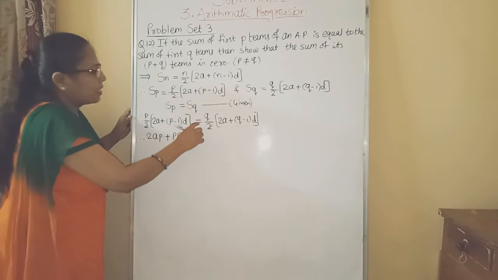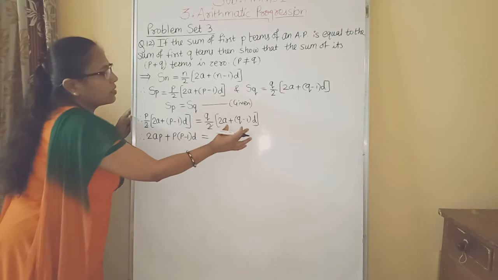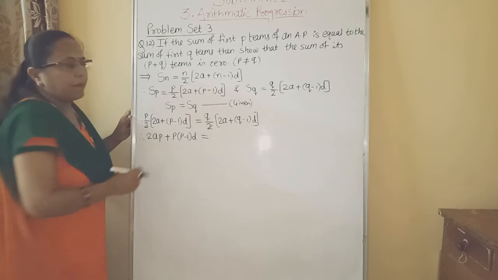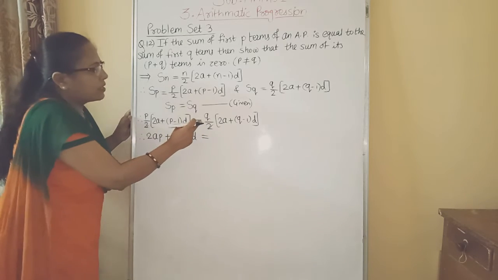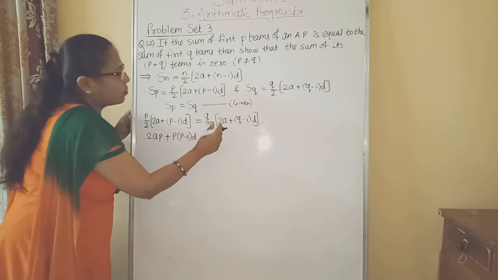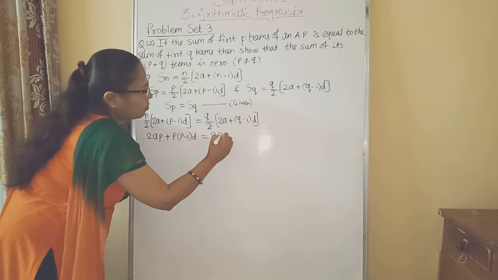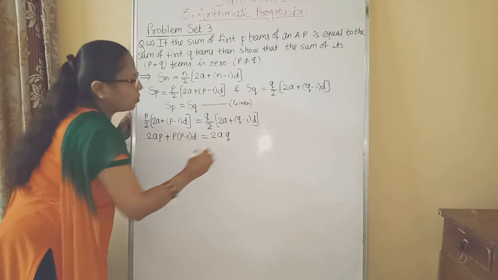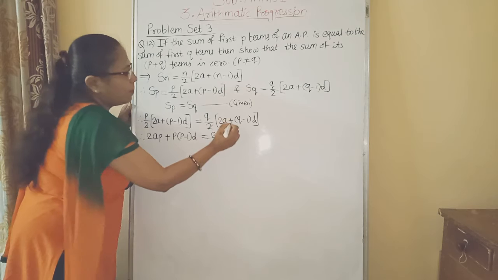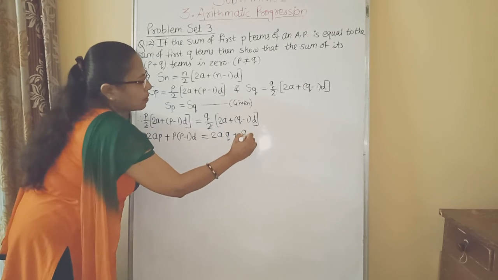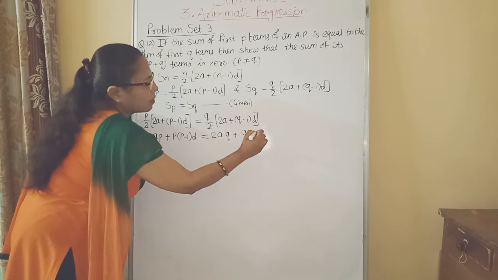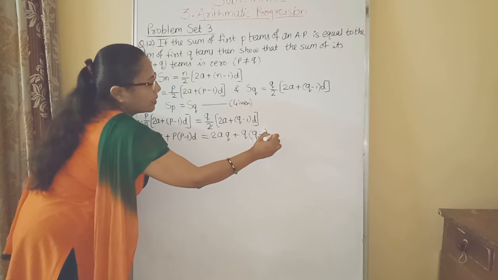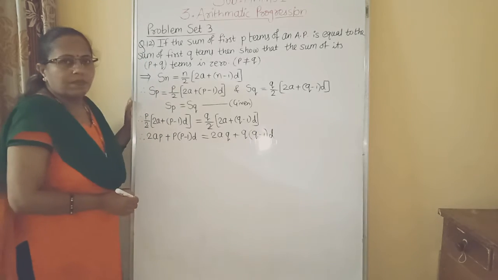Follow? Equal to, now this whole bracket we have to multiply by q. So first term q multiplied by 2a, we will get 2aq plus q into bracket q minus 1 into d.